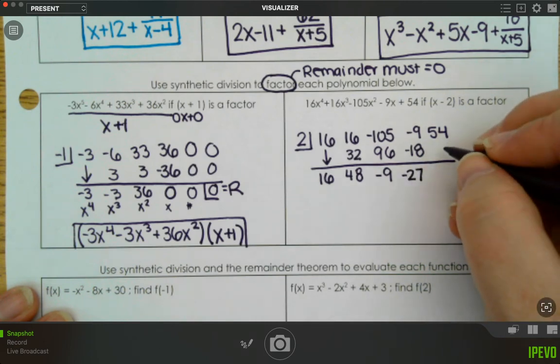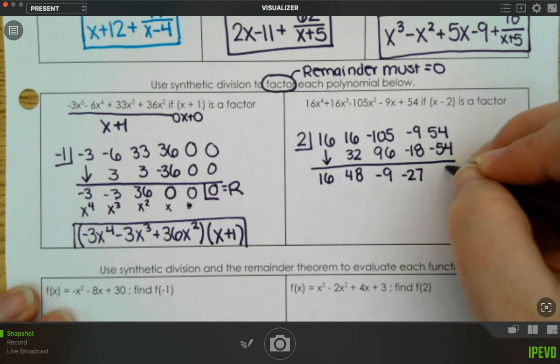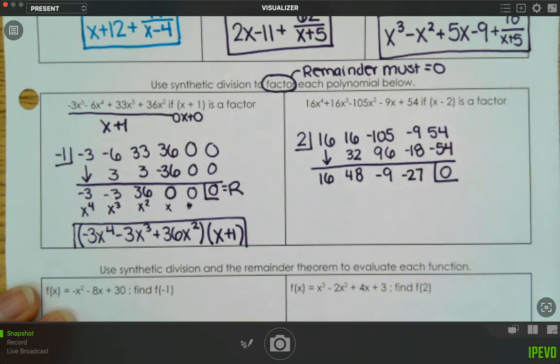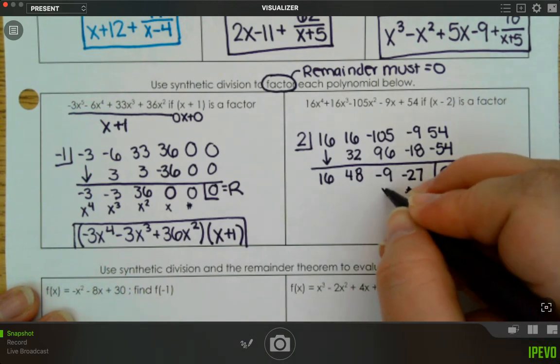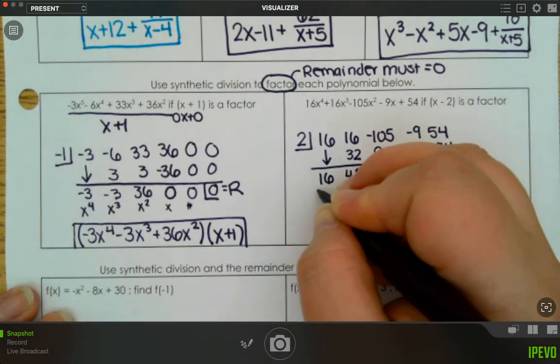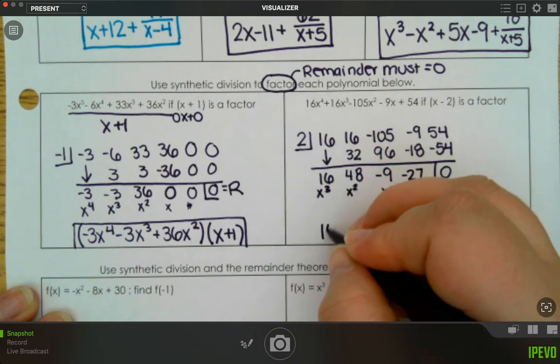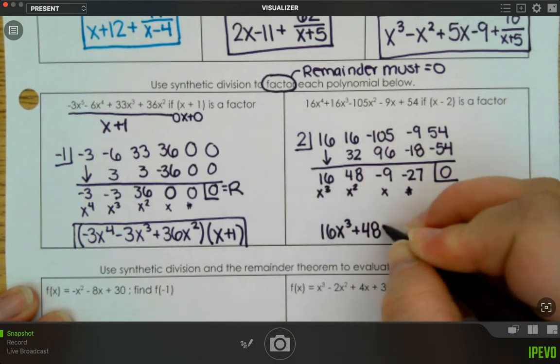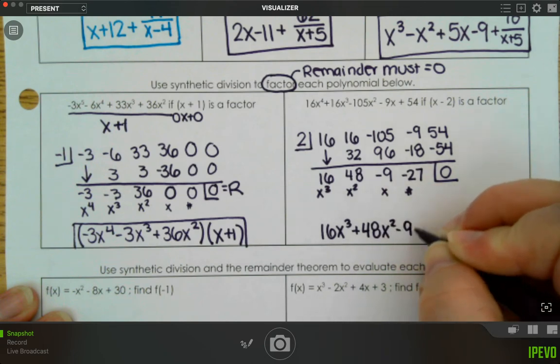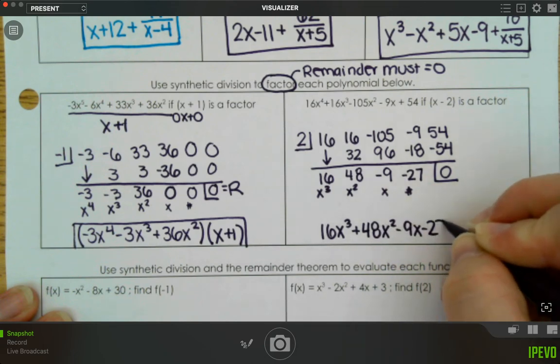And negative 27 times 2, thank goodness, is negative 54. Number x squared, x cubed. 16x cubed plus 48x squared minus 9x minus 27.